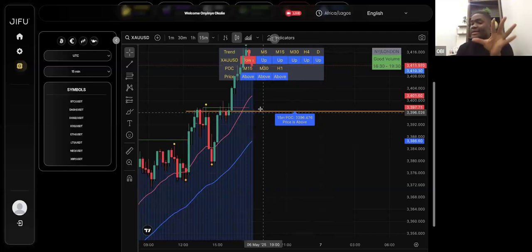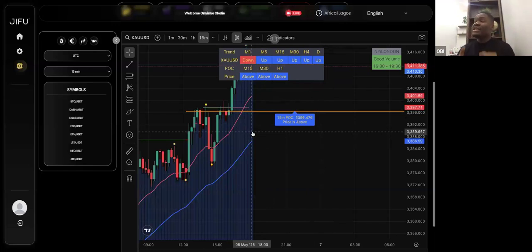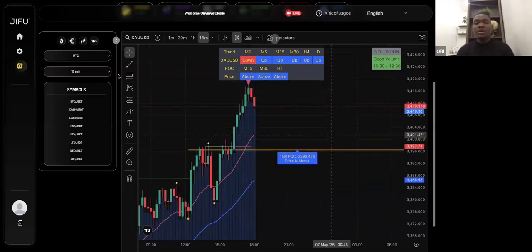Thank you. When the market is far from the orange line or yellow line, whatever suits you, and is far from it, we assume that the market is taking a strong buy, which is what gold is currently doing.